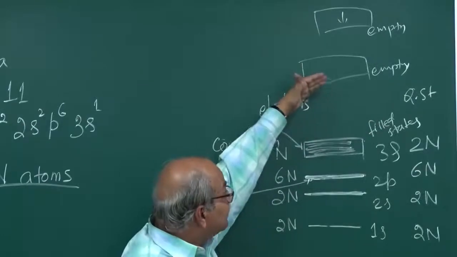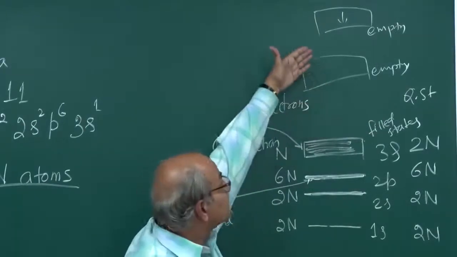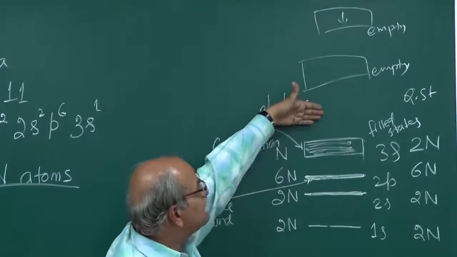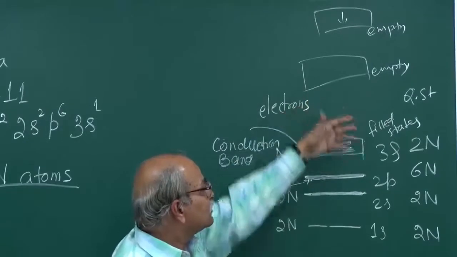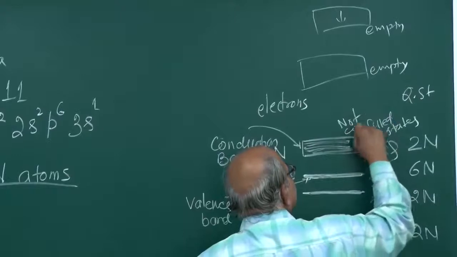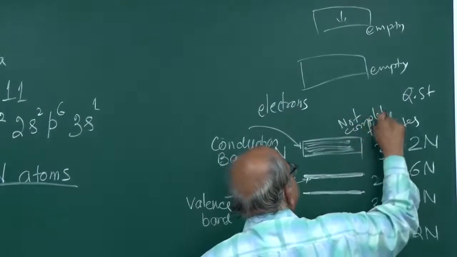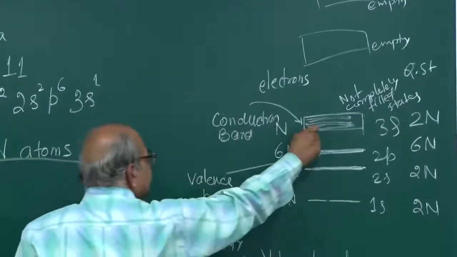So, the last one coming from the top, the last energy band which is not completely filled, that will be called the conduction band.